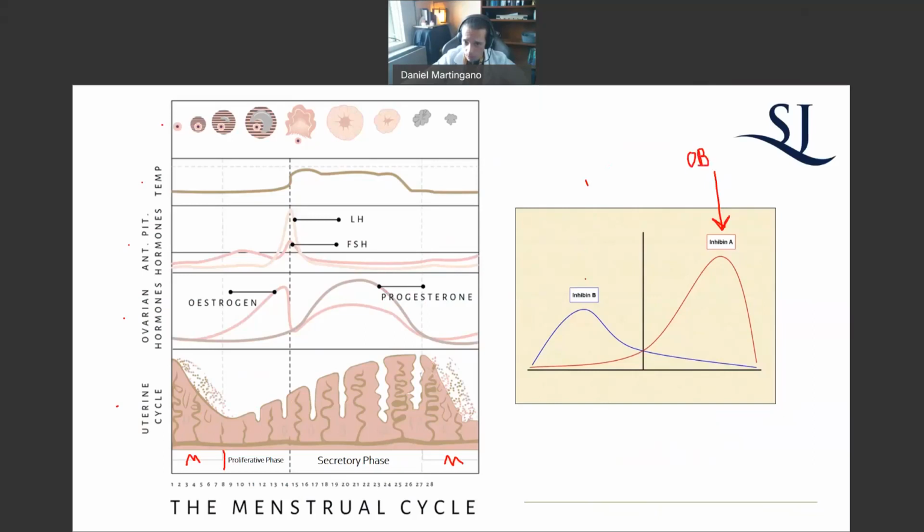Inhibin B, do we know what inhibin B is found in? Inhibin B is secreted by granulosa cell tumors. Okay? Granulosa cell tumors. This is a marker here. I remember I got questions on my shelf exam about what phase inhibin B peaks in.